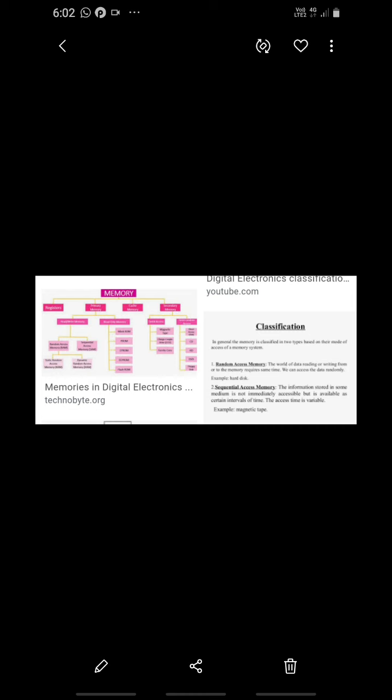Sequential access memory. In a sequential access memory, the memory locations are accessed in a sequential or serial fashion for the purpose of reading or writing.